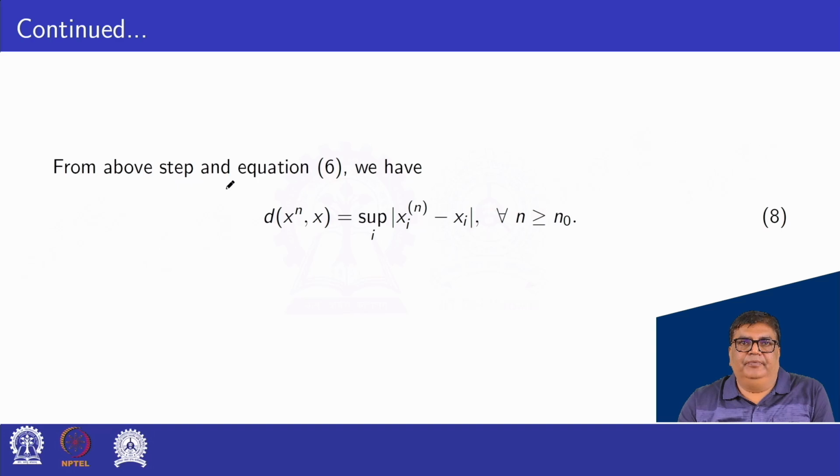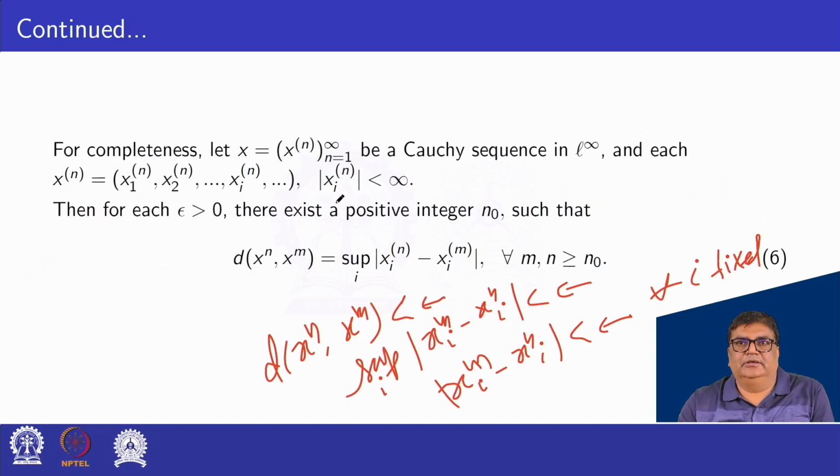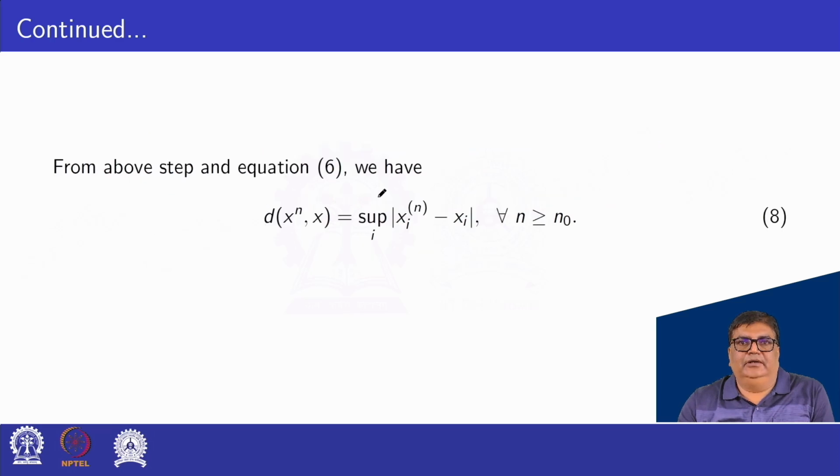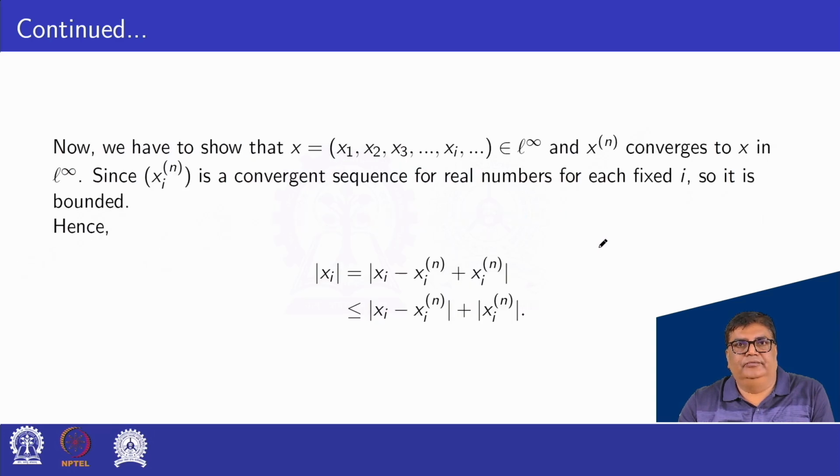From the above step and equation 6, we can write d(x_n, x) equal to the supremum over i of mod x_ni minus x_i, for all n greater or equal to n0. Now we have to show that x is an element of L infinity and x_n converges to x in L infinity.